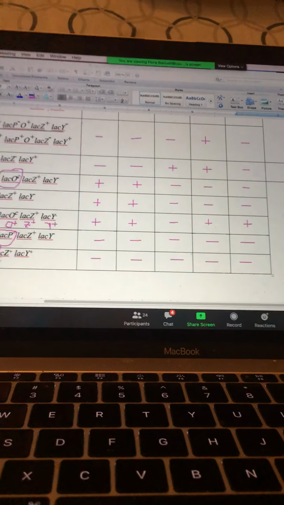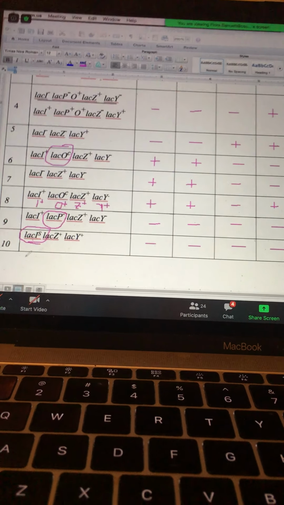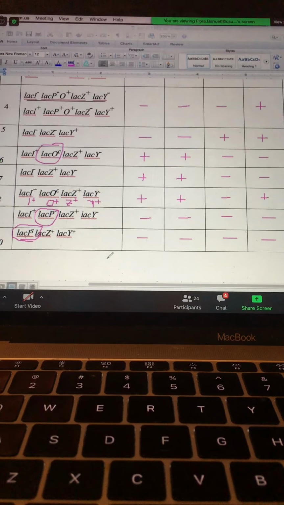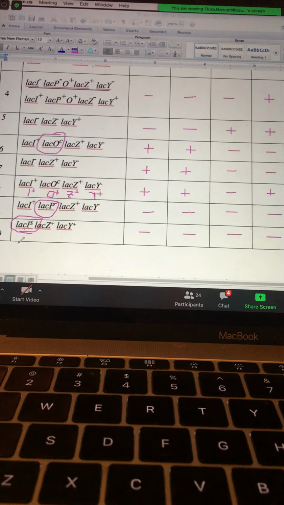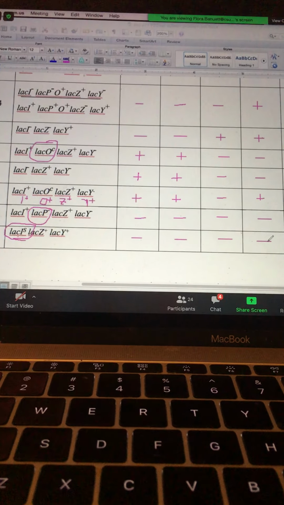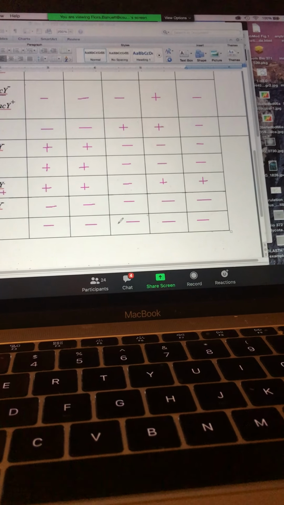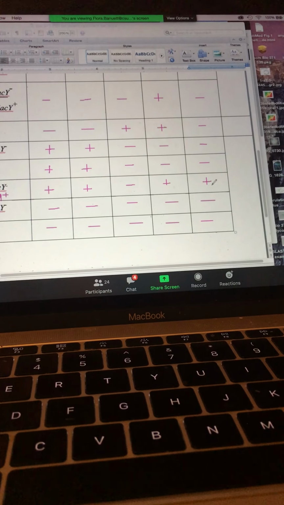But obviously you didn't know this, and I wanted to tell you, but it is mentioned in the book. So it doesn't matter if everything is positive. It will always bind the wild type operator. So there's no way the RNA polymerase is going to get to the promoter, and so it's negative. Okay, are there any questions?